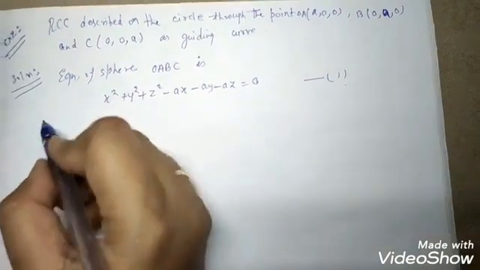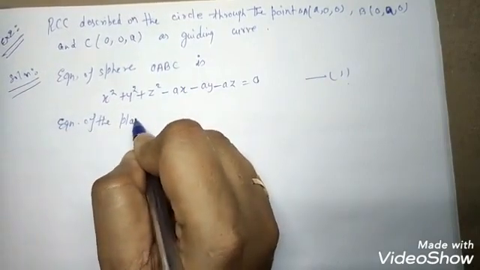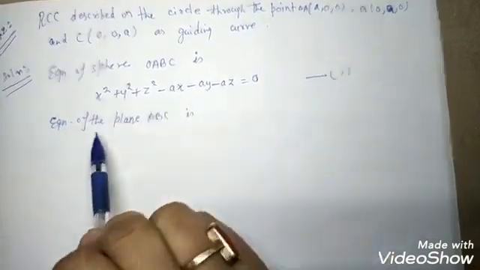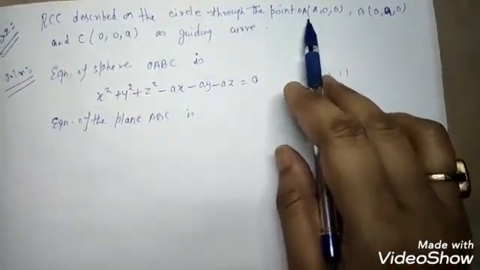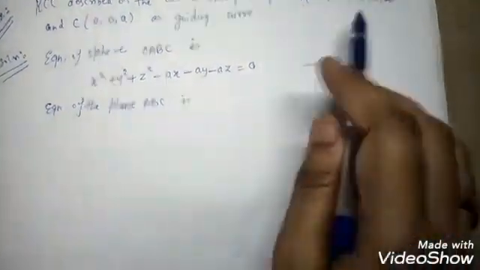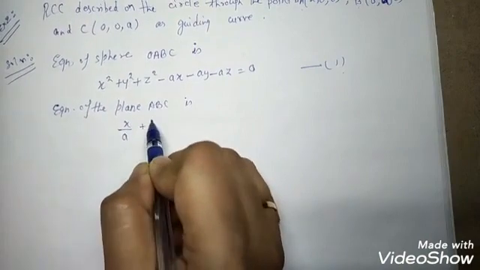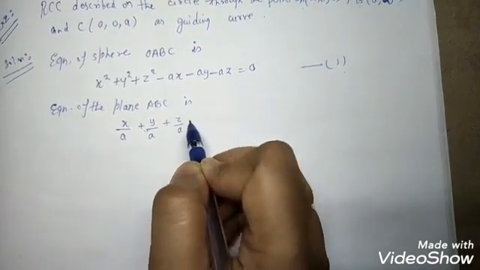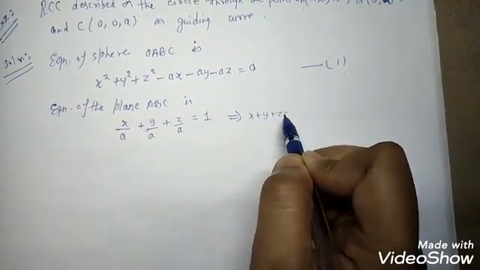And the equation of the plane ABC, the plane through the 3 points A, B, C, in intercept form will be x upon a plus y upon a plus z upon a equal to 1, and this implies x plus y plus z equal to a.